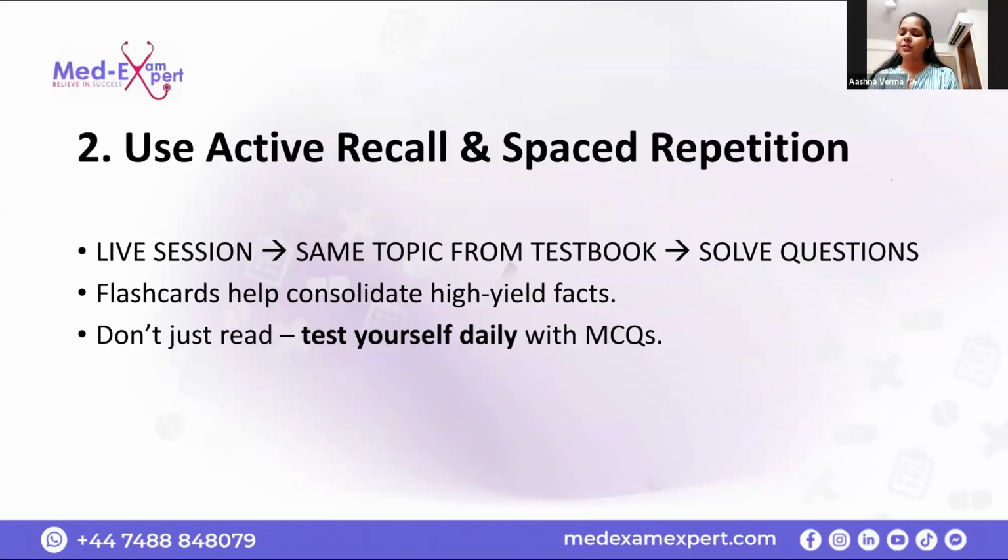I tried reading one topic from both the textbooks, Science of Pediatrics and Illustrated textbook, and then I used to make notes of them, and then I used to solve questions of the same subtopic. So suppose if I have covered CVS today, then I have made notes from Science of Pediatrics and Illustrated textbook. Then I go on to solve questions from the question bank for CVS.